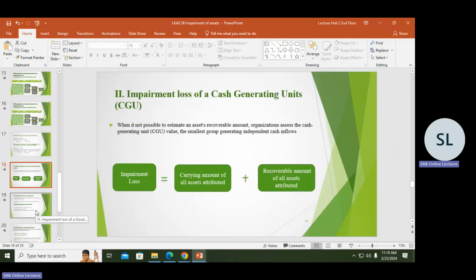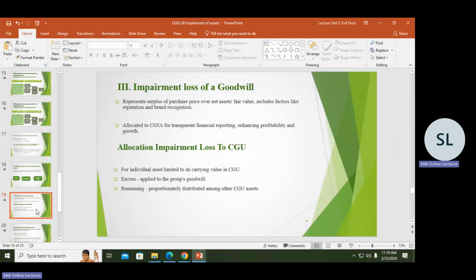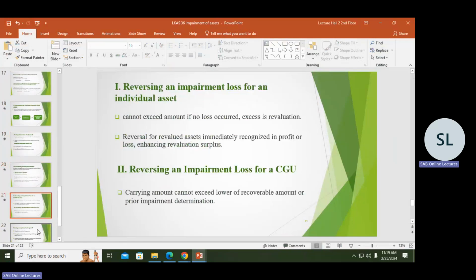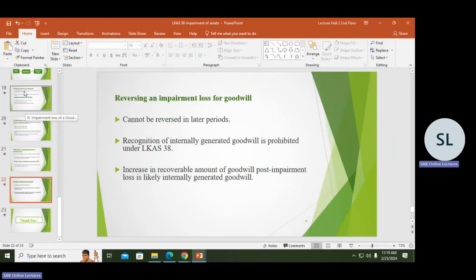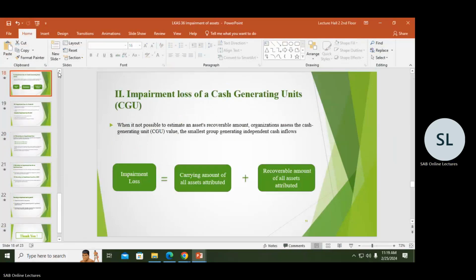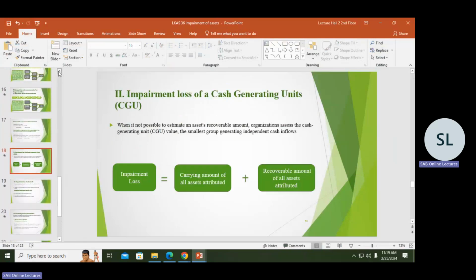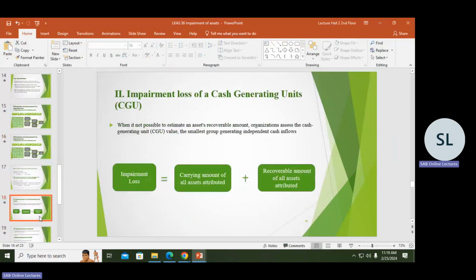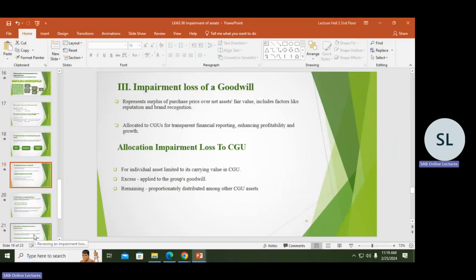You tried to have one person explain all these parts, right? The cash generating unit with the goodwill, without goodwill, there are so many areas, right? So which is difficult to present by one person. Examples should come in the report: individual asset, cash generating unit with goodwill and cash generating unit without goodwill, right?